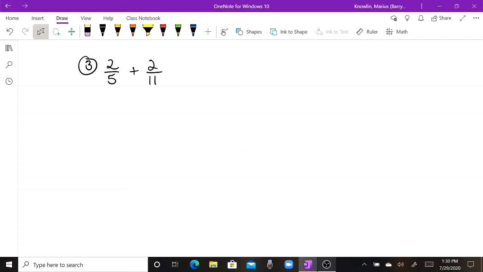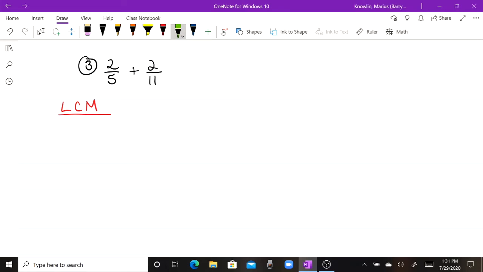Like we said before, the denominators have to be the same. Okay, not the numerators, because sometimes people can get that confused. The denominators have to be the same. Right now, our denominators are not the same, so we're going to look for our least common multiple.